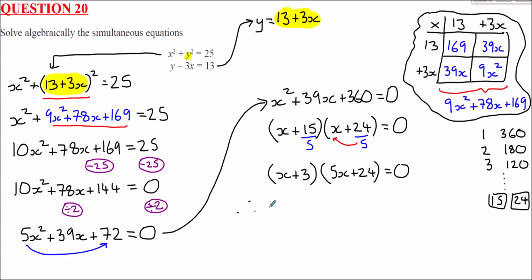So therefore, one solution is x is minus 3 for this bracket, or x would be minus 24 over 5.